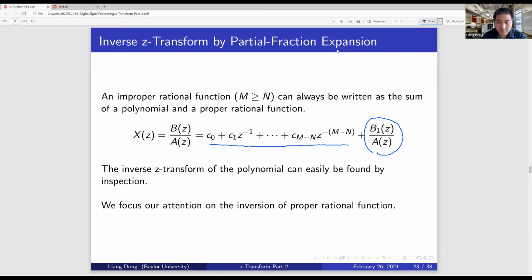And then you have the proper rational function where the order of numerator is strictly smaller than the order of the denominator. And then we leave this to focus on that. But last time we were talking about the polynomial. If it's a polynomial like this, then the inverse Z transform is very simple. It's a linear operation. Z transform is a linear operation. Therefore, you can work on each individual term here.